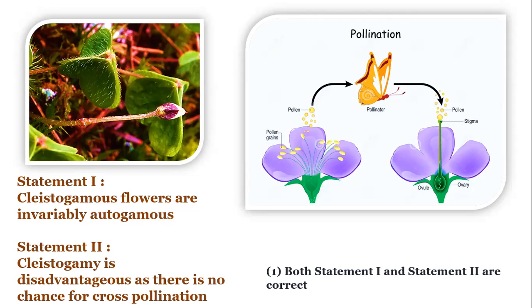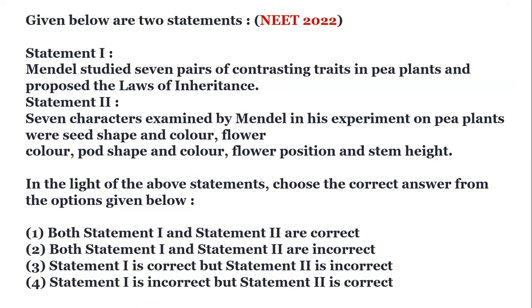So out of these statements, that is cleistogamous flowers are invariably autogamous, statement 1 is obviously true, and cleistogamy is disadvantageous as there is no chance for cross-pollination, obviously, because genetic diversity cannot take place in cleistogamous flowers. So both statement 1 and statement 2 are correct. So you have to select option number 1.